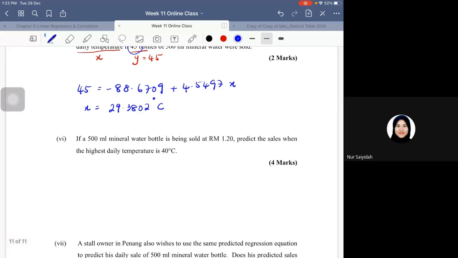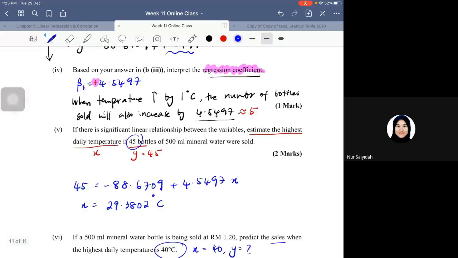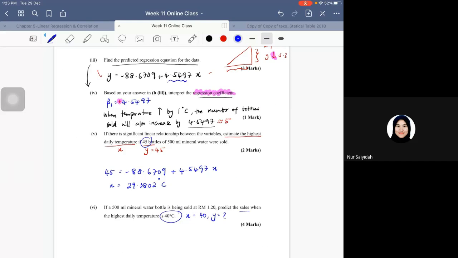And for the next question, it says if a 500 mineral water bottle is being sold at 1.20, meaning that one bottle costs 1.20, predict the sale when the highest daily temperature is 40 degrees Celsius. So now we are given that x is equal to 40. What is going to be the value of y when x is equal to 40?